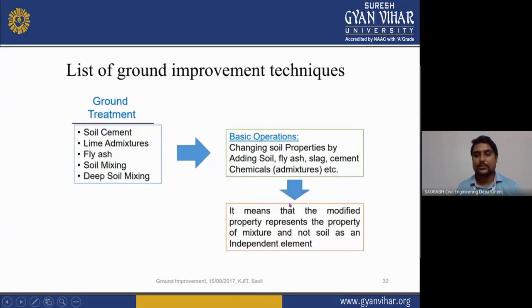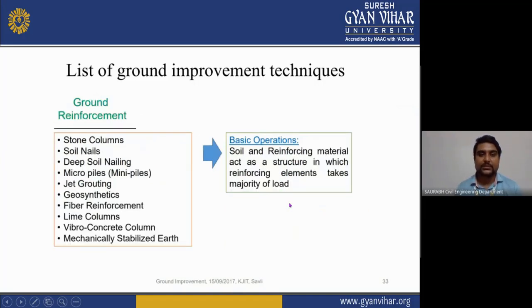So these are some basic techniques of soil improvement. There are also methods by stone columns, stone nails, deep soil nailing, micropiles, jet grouting, geosynthetic fiber reinforcement, lime column, vibro concrete column, and mechanically stabilized earth. These are some techniques by which we can improve the soil.